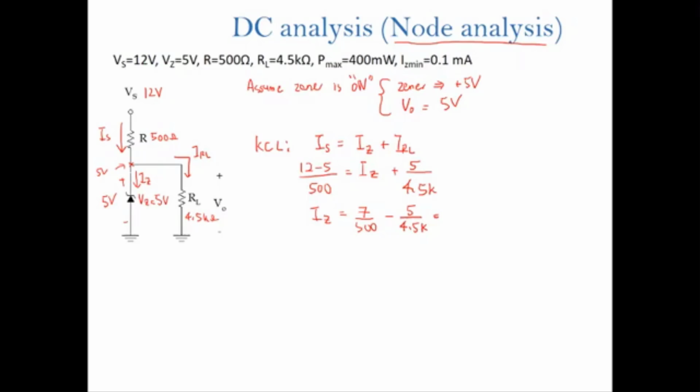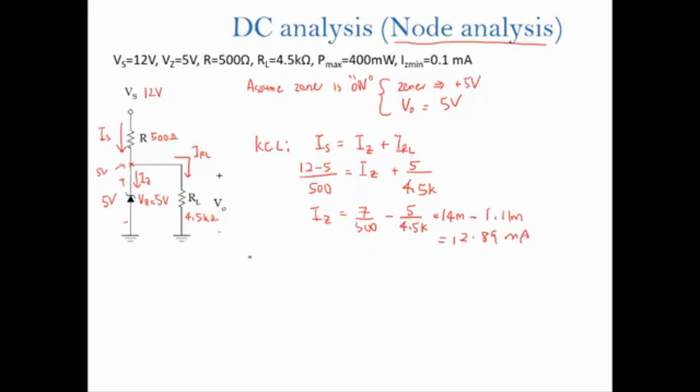7 over 500 ohm, 0.5 kilo, is equal to 14 milli, minus 5 over 4.5 kilo, which is 1.11 milli. So IZ is 14 minus 1.11, which is equal to 12.89 milliampere.